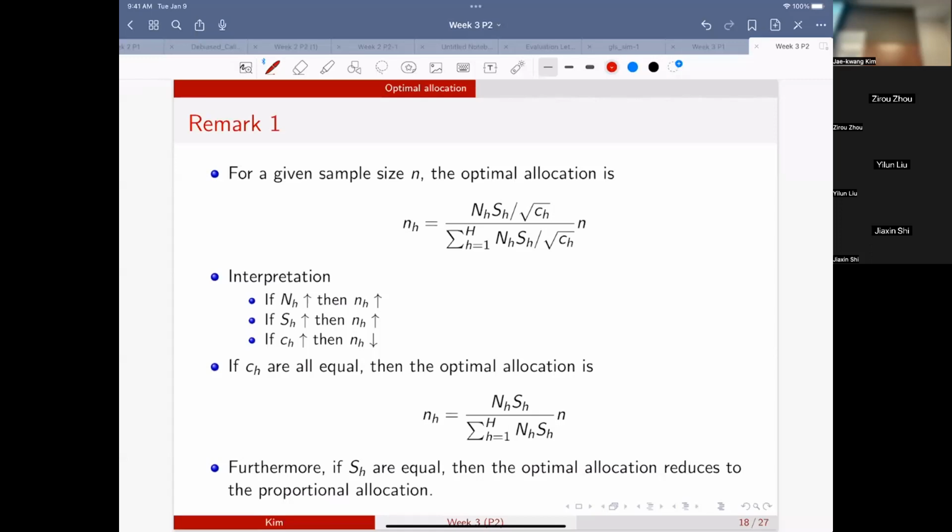If SH is large, that means the particular stratum has more variability. Then it's better to use more resources, more samples, to control the variability. And also, if the cost is high for a particular stratum, say Alaska, then the cost will be higher, right? You have to fly there and something like that. So then maybe you want to reduce the sample size there.